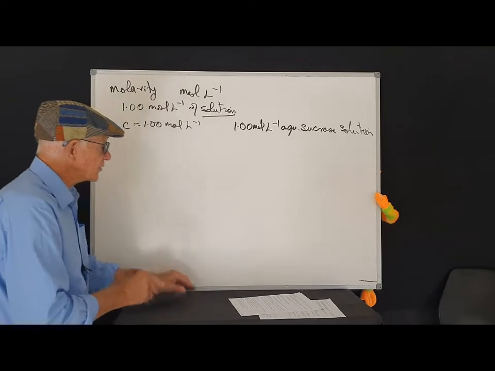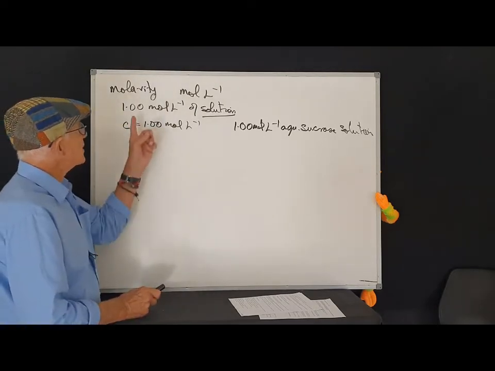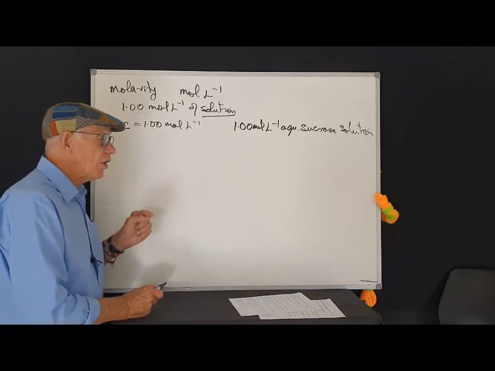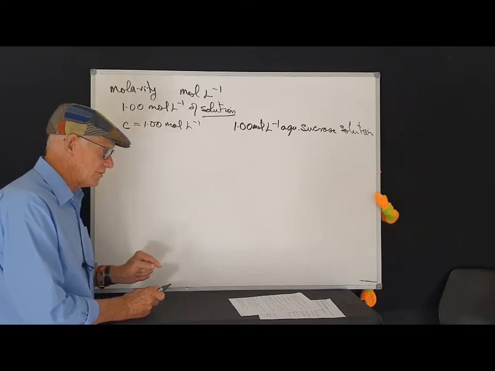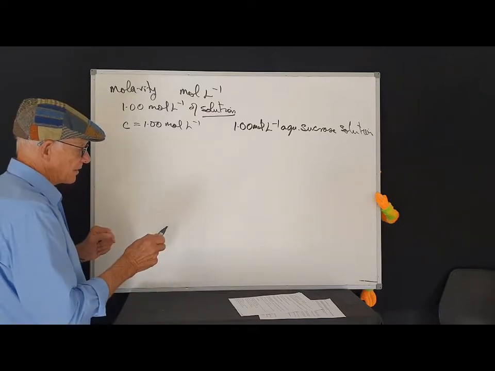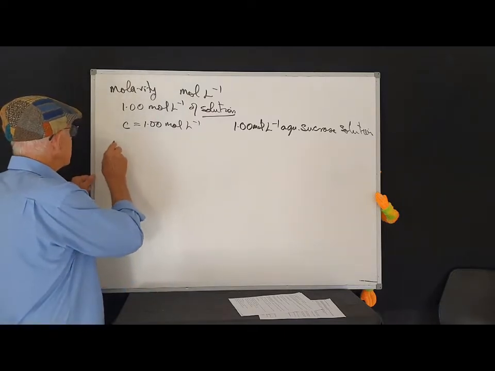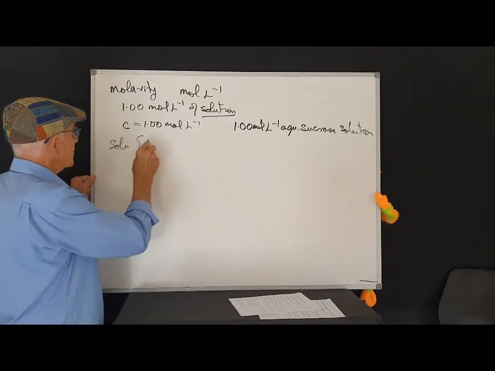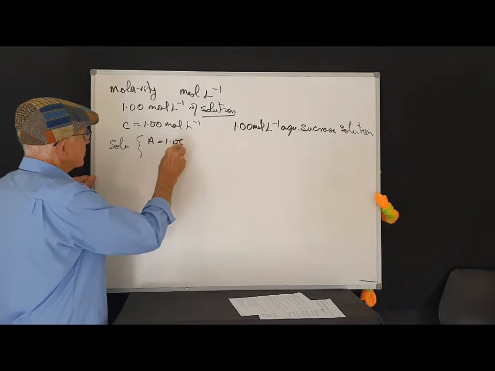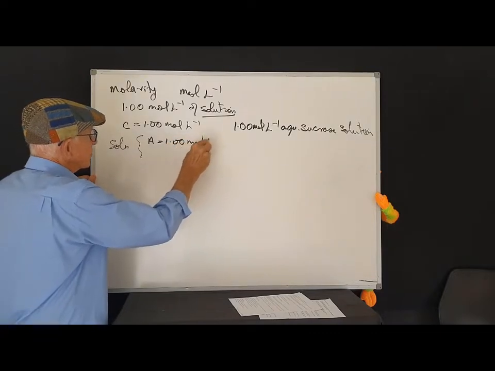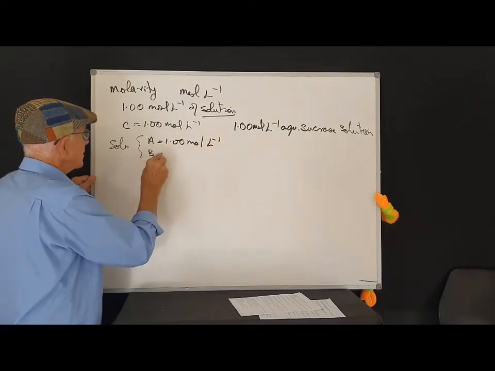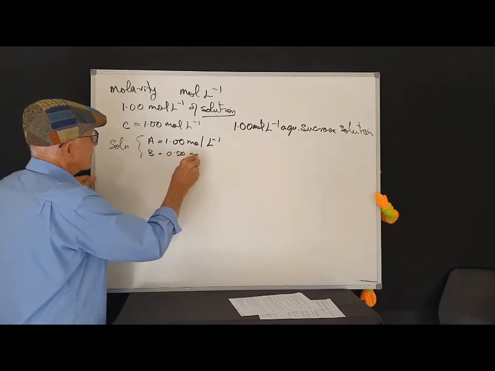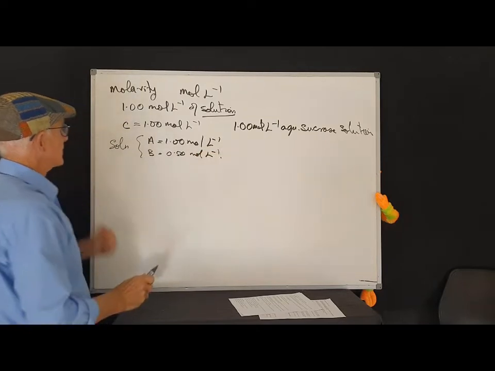Now, I should emphasize here that when we're talking about concentrations, we're not really talking about the concentration of a solution, we're talking about the concentration of the solute in the solution. The best way I can make that point is if we had a solution in which there are 2 solutes, A, which is 1.00 moles per litre, and B, whose concentration is 0.50 moles per litre.